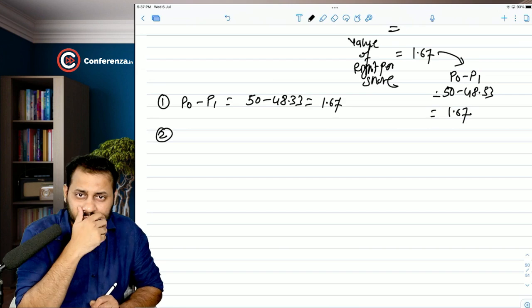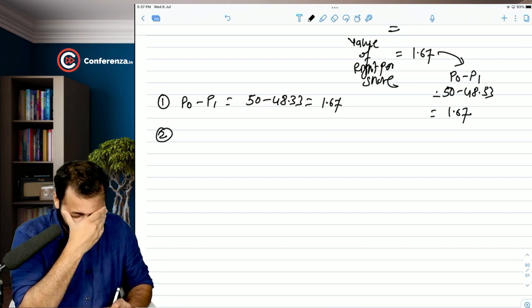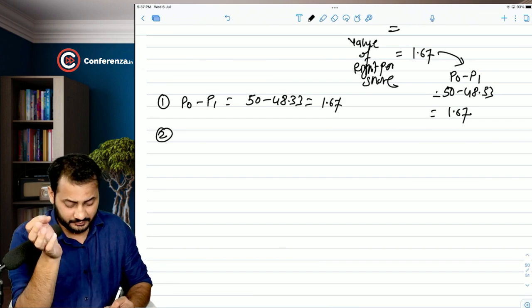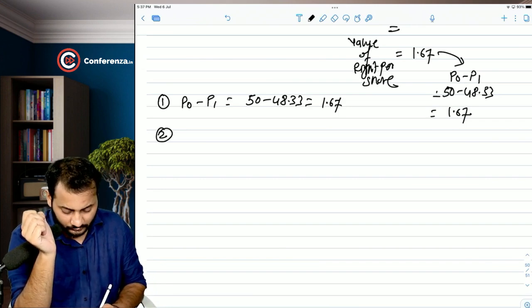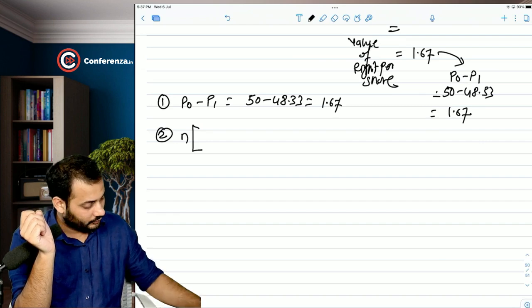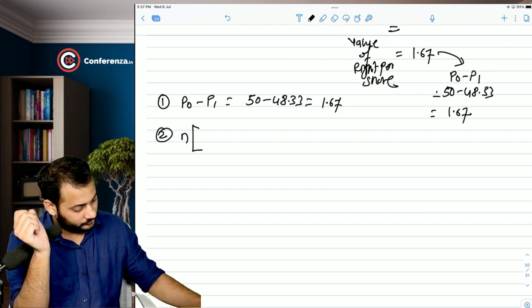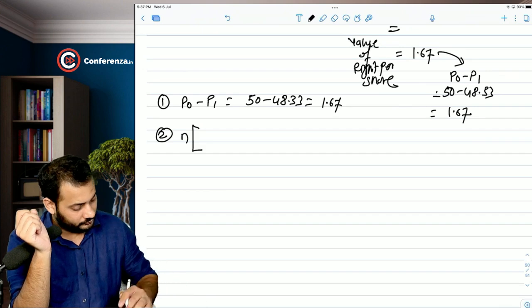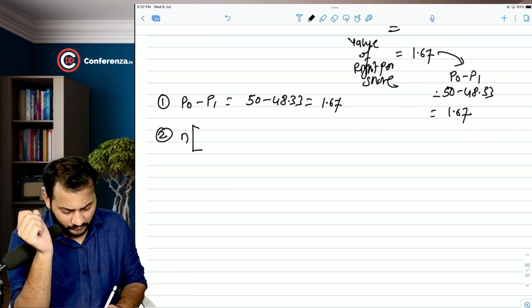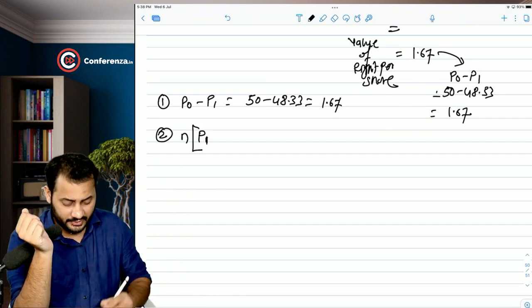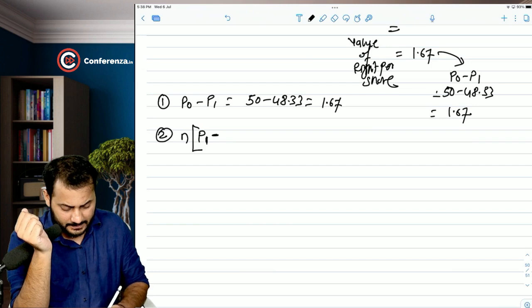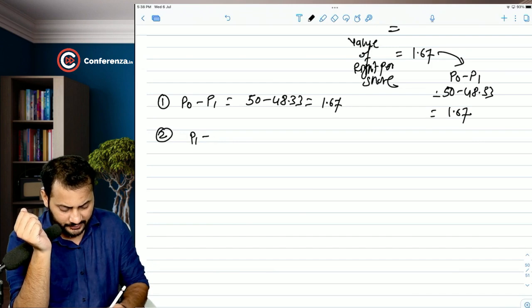Another formula. These are the value of the right per share. Another formula. P1, the ex-right price, minus subscription price.